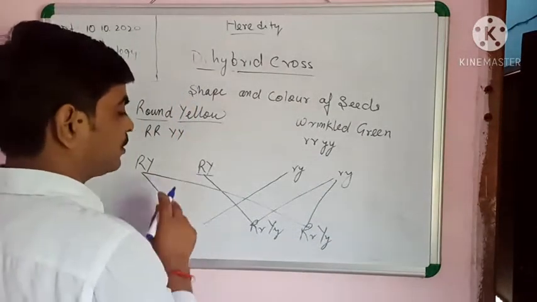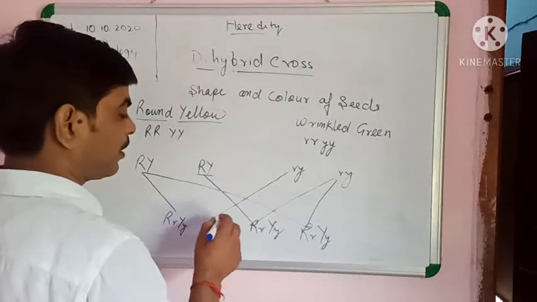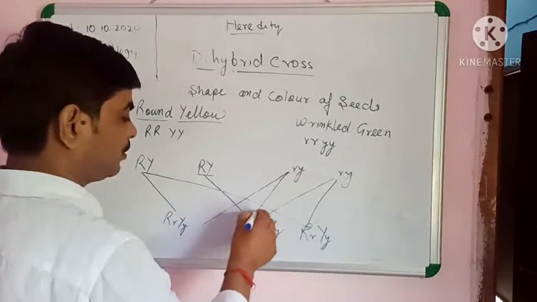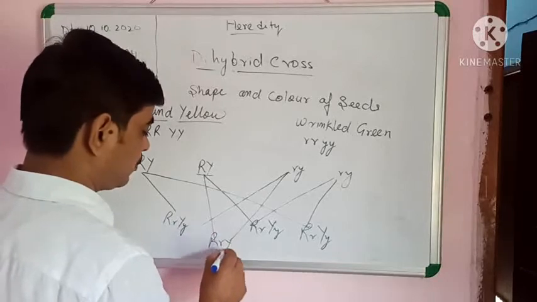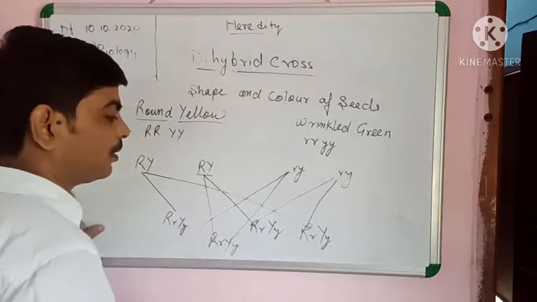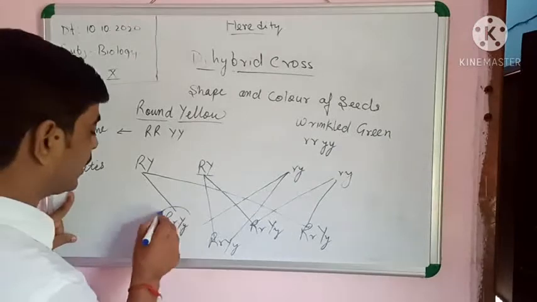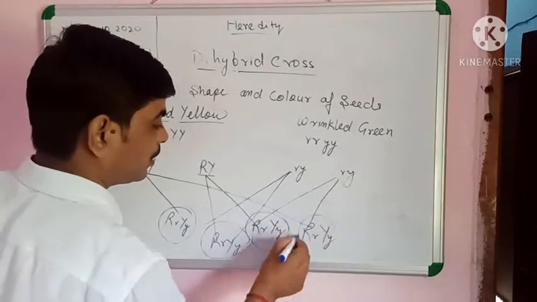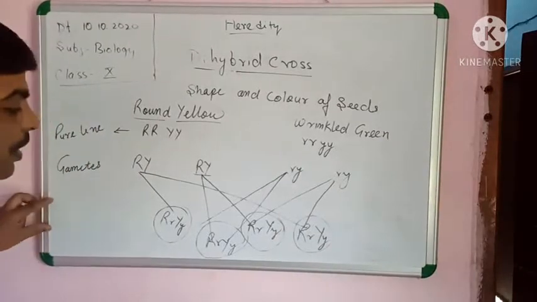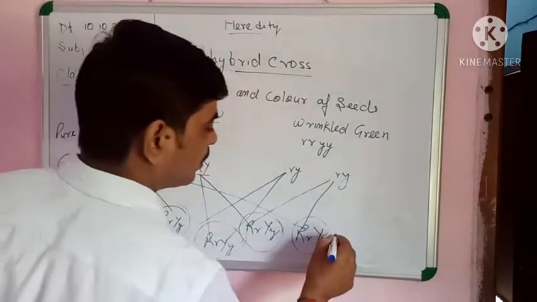Similarly, this bred with this one, RrYy. In this way, you are seeing here again the genotype is same and phenotype. These all are the hybrids.